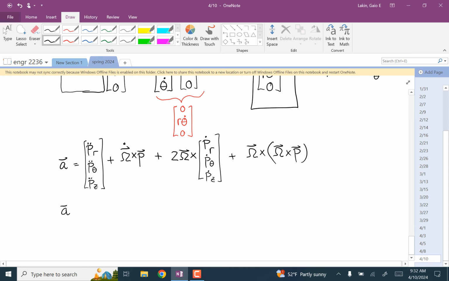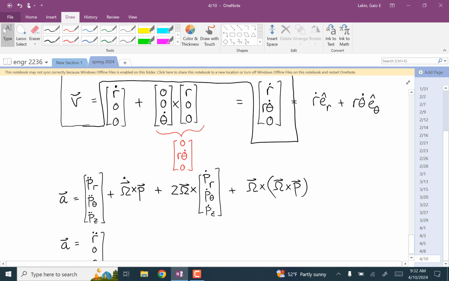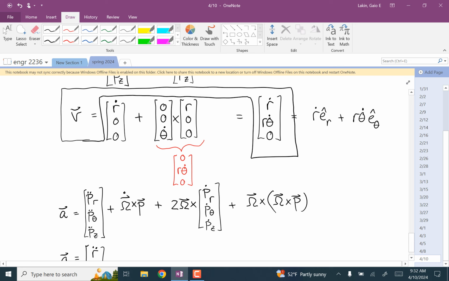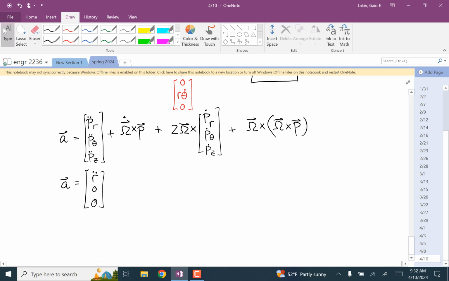And so the acceleration is equal to, take the time derivatives of our position components. This is r double dot, 0, 0. Plus omega dot is 0, 0, theta double dot. You see that?